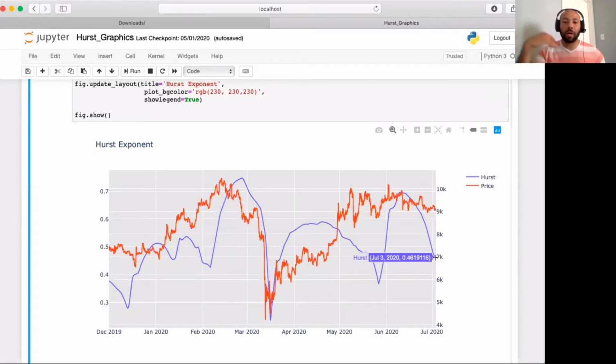Since Hurst touched 0.7, price has largely been trending downward, although it's been confined primarily within the $1,000 band between $10,000 and $9,000.